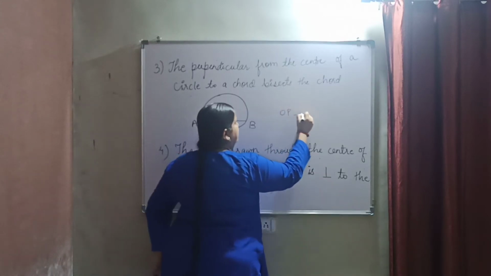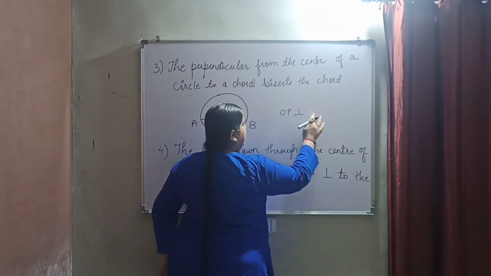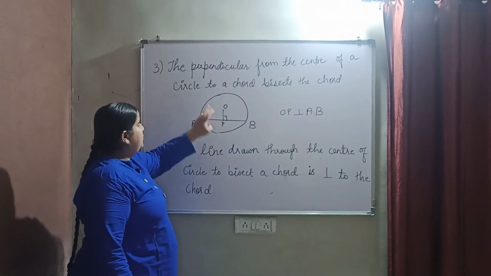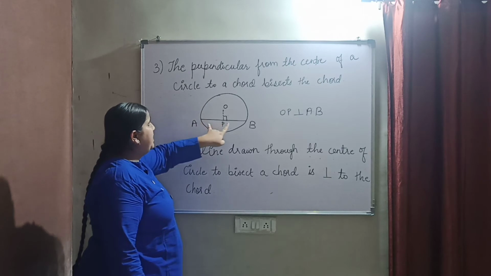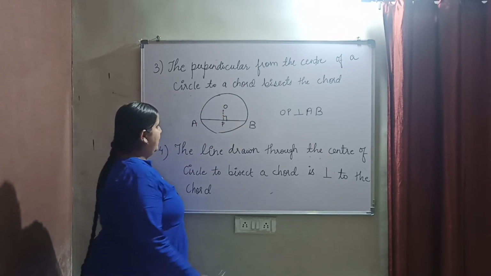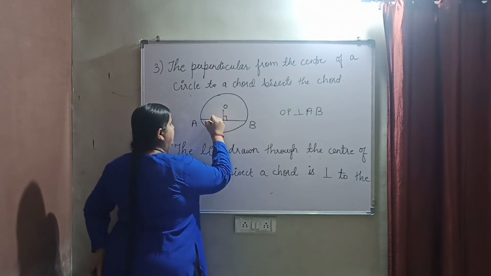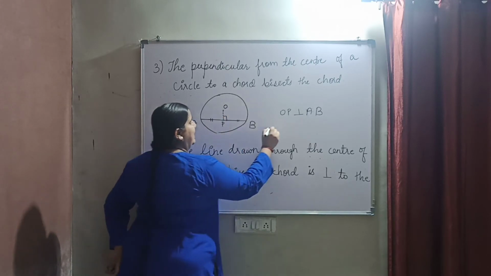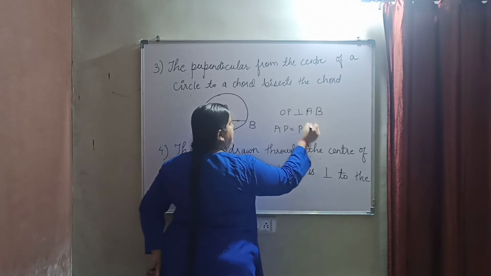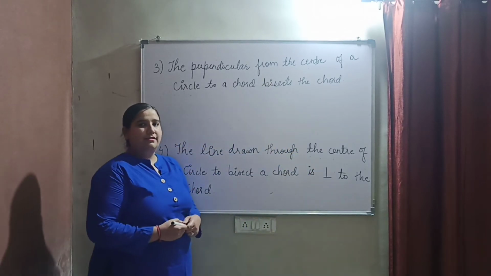OP is perpendicular to AB. Then the theorem says that AP should be equal to PB. Why? Because this OP is bisecting this chord. OP, which is the perpendicular from the center, bisects the chord. That means AP will be equal to PB. This is your theorem number 3.